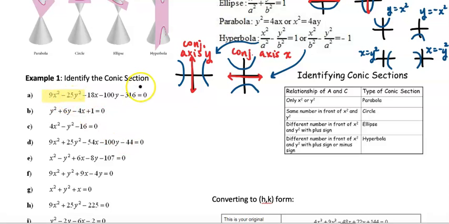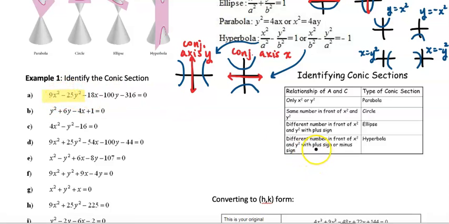9x squared minus 25y squared. And I'm saying, okay, do I have only an x squared or y squared? No, I have both an x squared and a y squared. Do I have the same number in front of x squared and y squared? No, I do not. Do I have a different number in front of x squared and y squared with a plus sign? Nope, I see a negative.